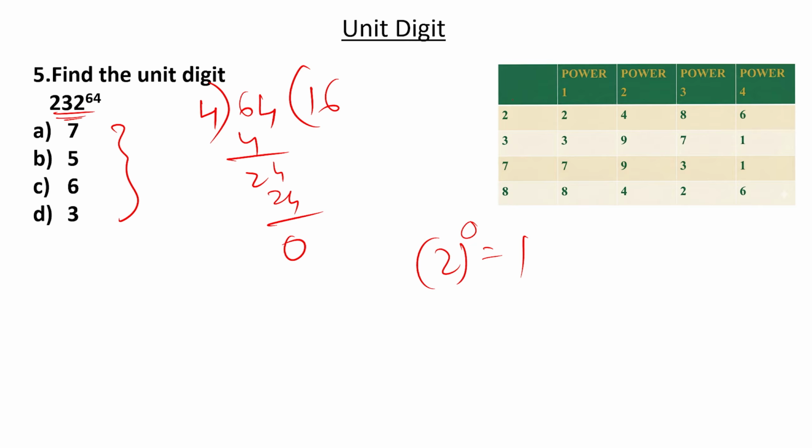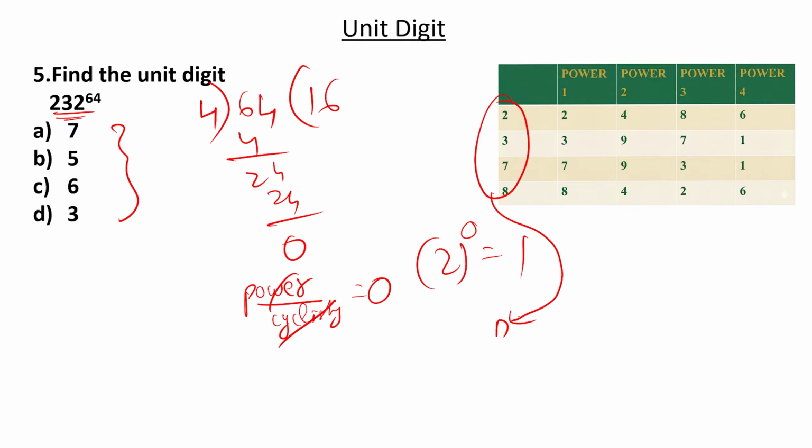In this kind of situation, what I'm going to say is, if the power by cyclicity gets cancelled and you got remainder as 0, whatever the power may be, in this case, whatever the number may be, the power will always be power 4 only.